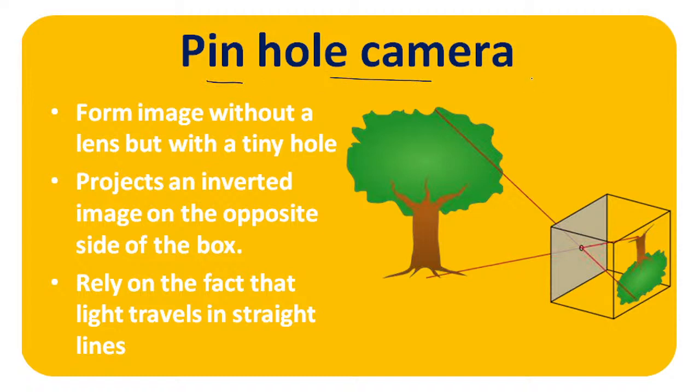You just take a cardboard. Make a cuboidal box like this out of the cardboard, or you just take a cardboard box like this. Make a pin-size hole in that box.